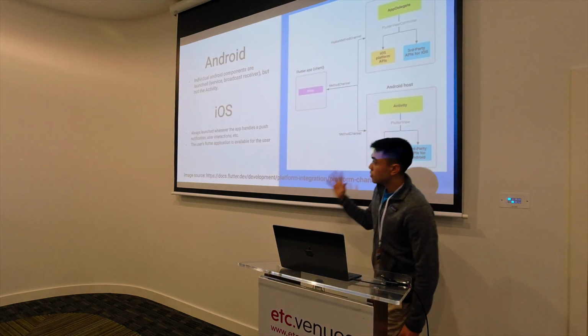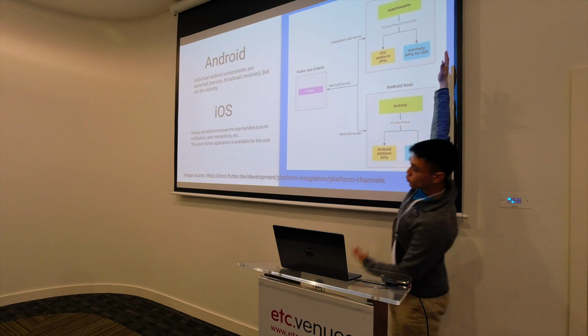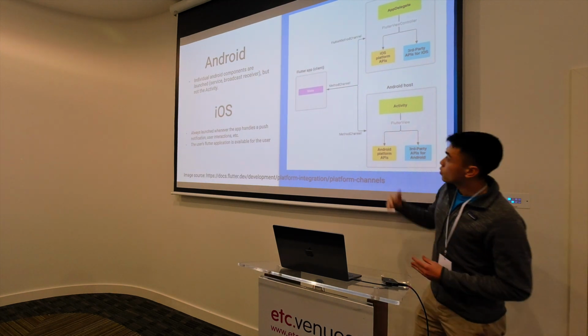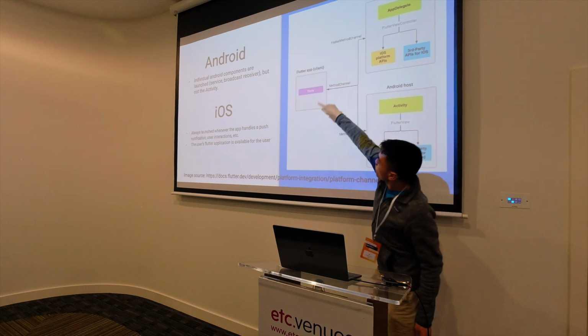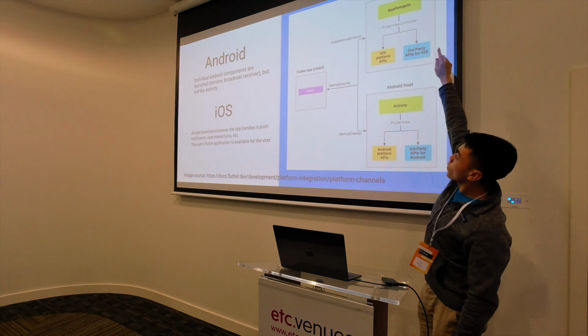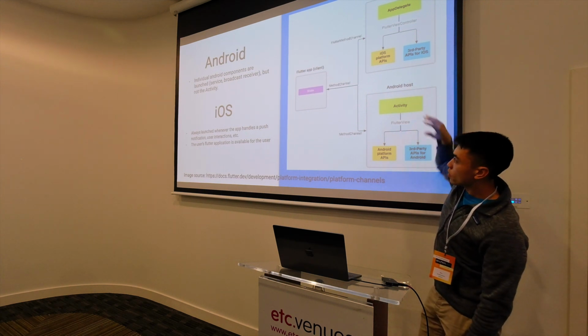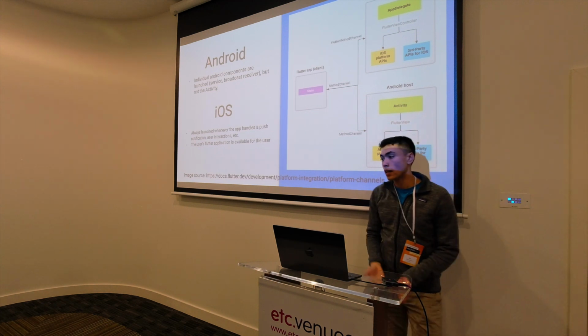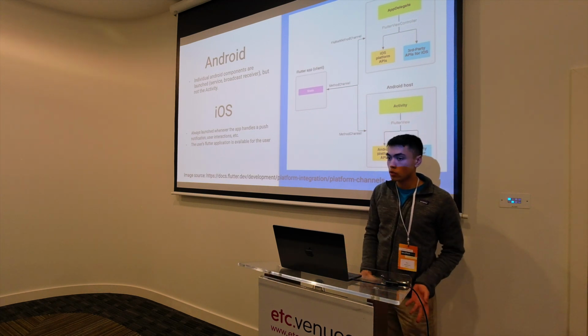This diagram here is how Android and iOS host the Flutter app. This is the Flutter app, and it can communicate using method channels with the Android host and the iOS host. But on Android, the application is launched as part of an activity. An activity is a UI which is shown to the user.